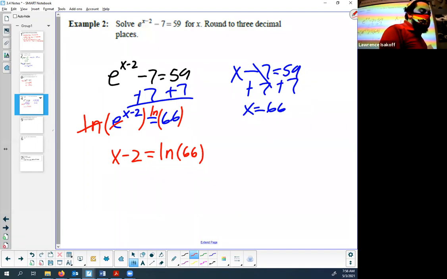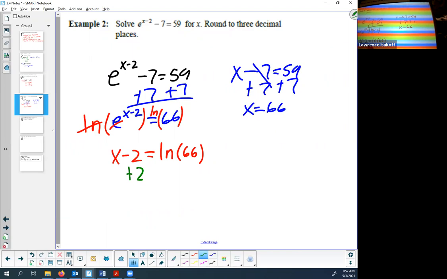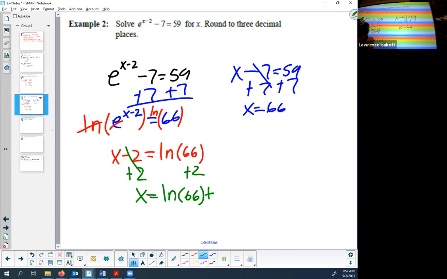If you want to get your decimal in the end, great, good for you. Right now, this is easy enough. I'm going to solve it, and then we'll just type the whole answer in there. So if it says x minus 2, I should add 2. So it's going to be x is equal to the natural log of 66 plus 2.